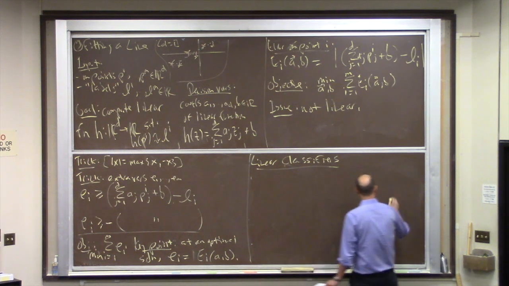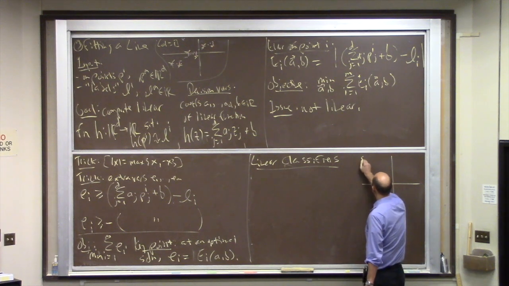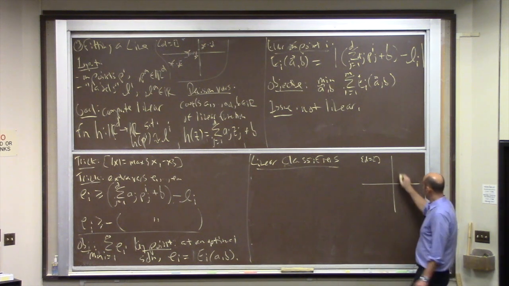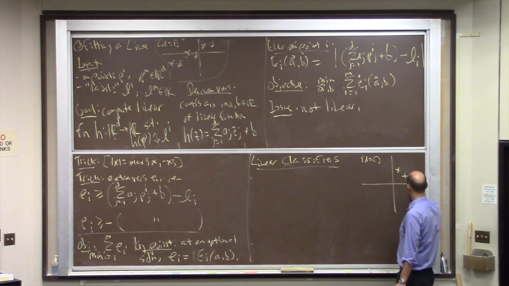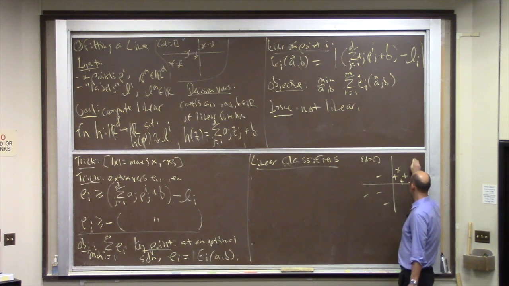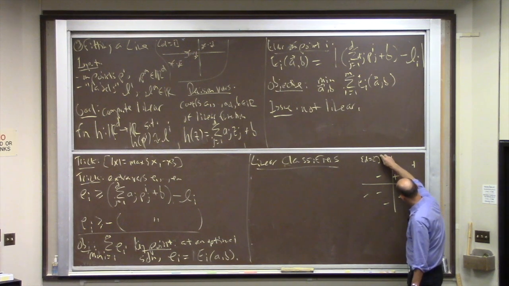So the picture you might want to have in mind here is now with d equal 2. You're given a bunch of points. Some of them are labeled positive examples, i.e. they are cats. And some are negative examples, they're not cats. And you want to find a linear separator.